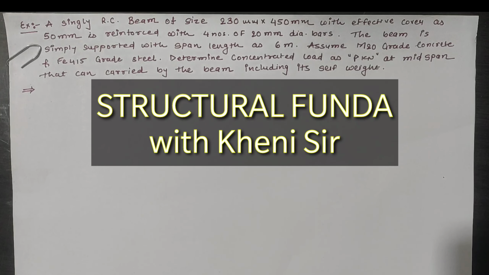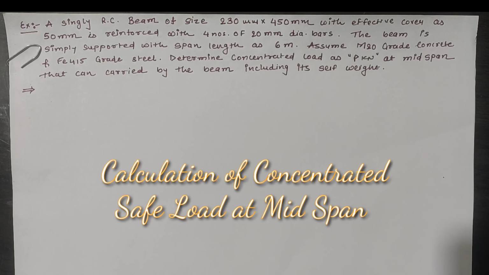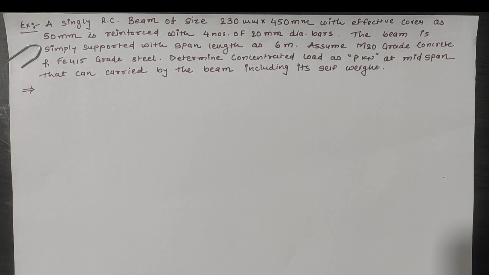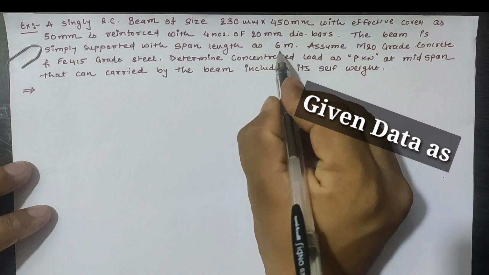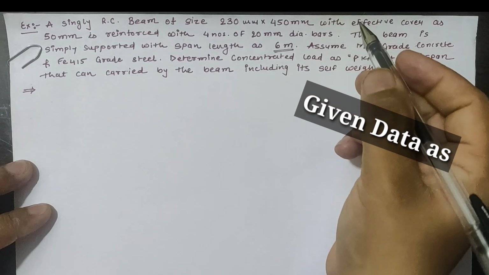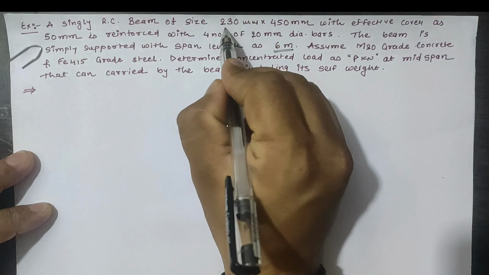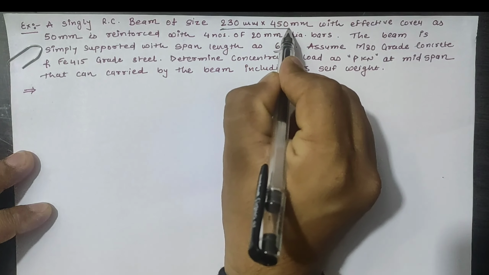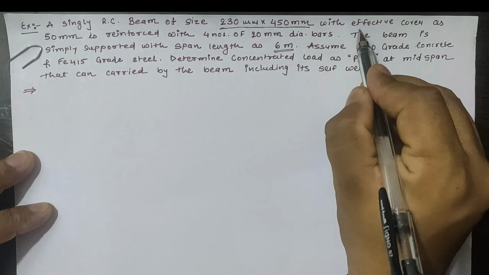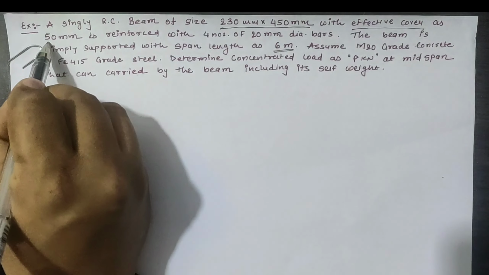Myself Ethan Kenny, and today we are going to learn about calculation of safe concentrated load which is loaded on simply supported span of length 6 meter, and we are given singly RC beam having the size as 230 mm cross 450 mm with effective cover of 50 mm.